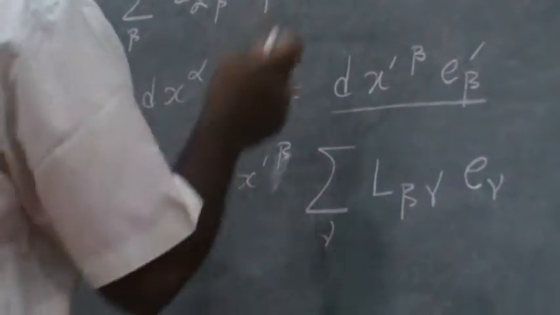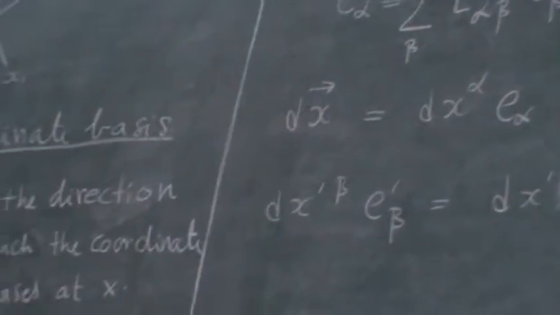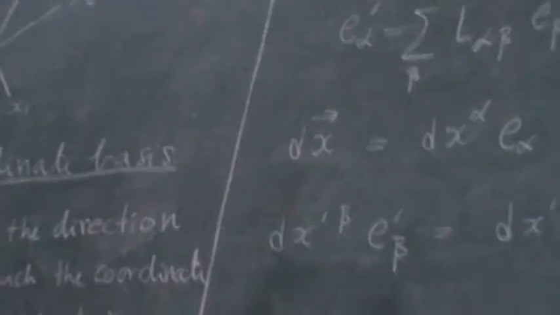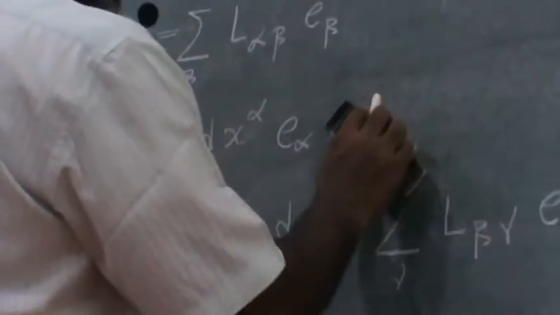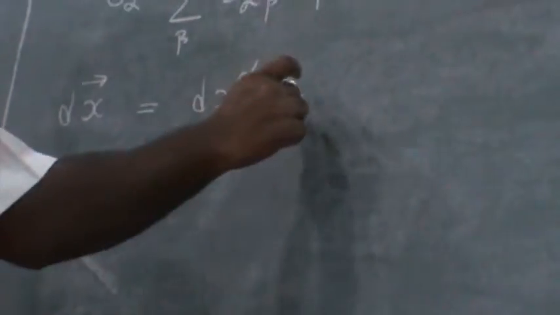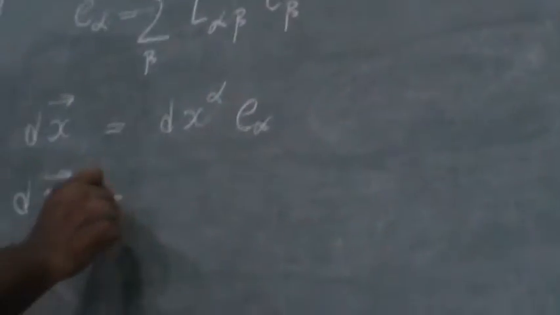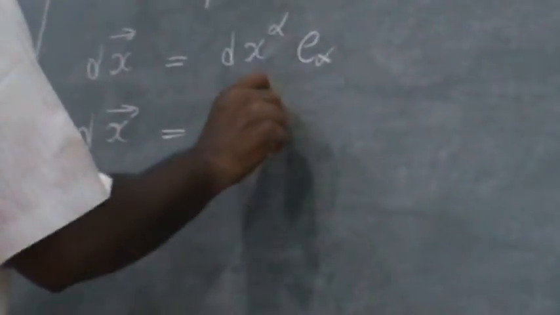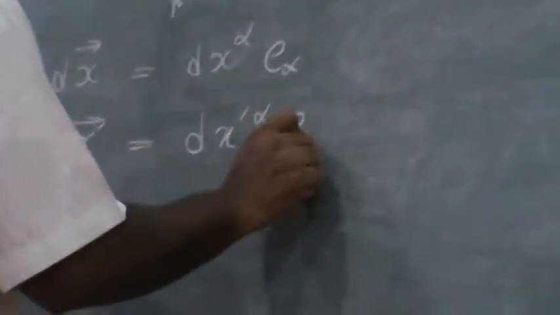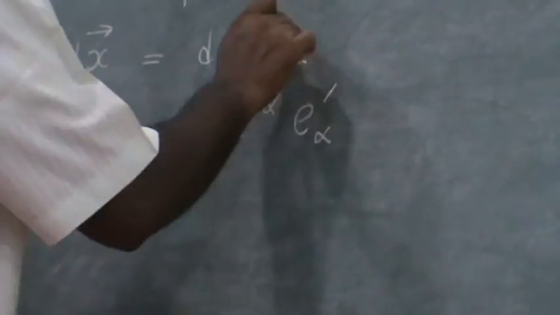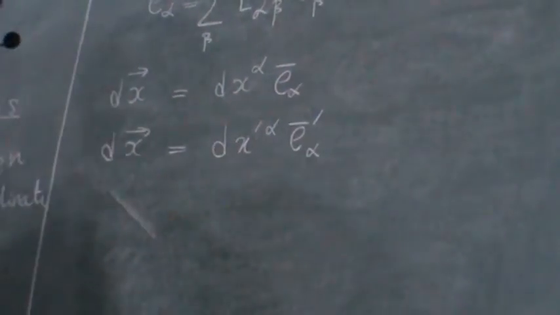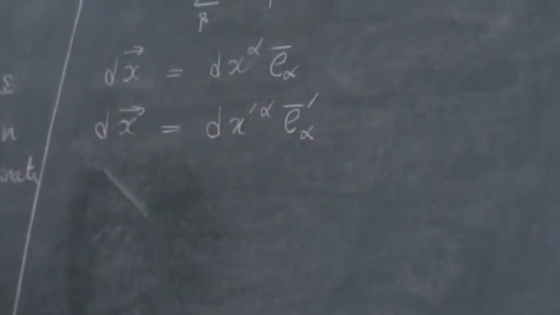Or maybe let me put it slightly differently. This is in terms of the old basis. I can also write this in terms of the new basis as dx prime alpha E alpha prime. This is the new basis, this is the old basis.